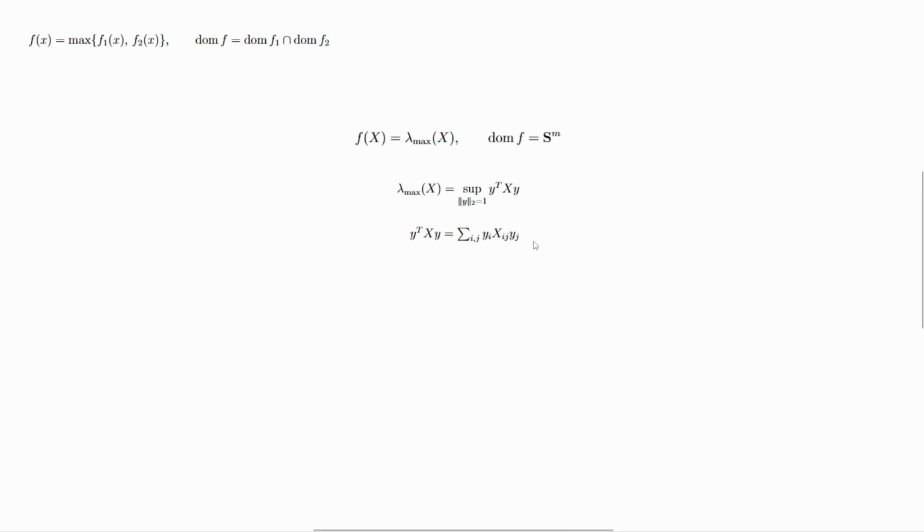In other words, lambda max of x is a supremum over a family of functions, each of which is linear in x. So by the rule we just talked about earlier, this must be convex. So, that's a generally non-obvious result that falls out immediately once you have this tool.